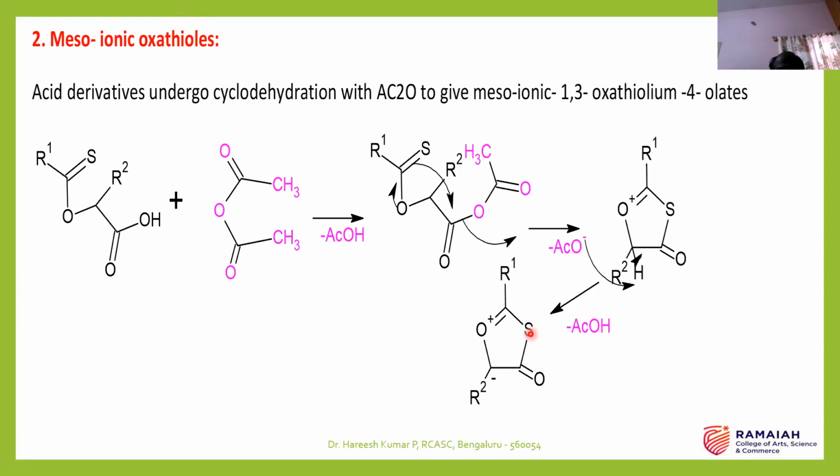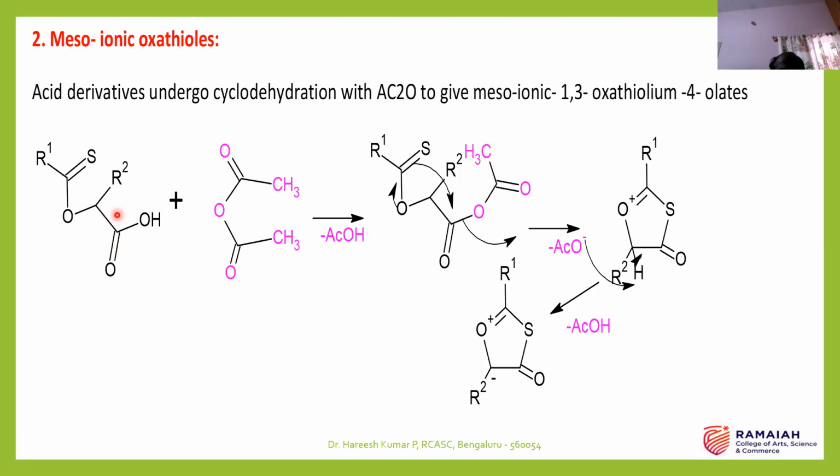So this is about the preparation or synthesis of oxathiol. How is it obtained? It is by the reaction of, okay, this is thioacyl. Okay, maybe how you can say that, oxy.